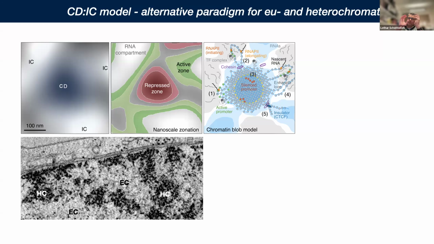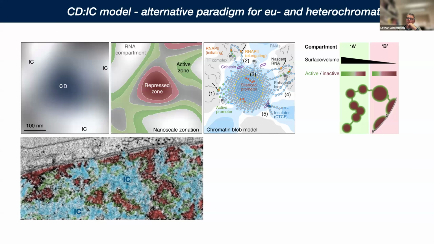Essentially what that implies is that instead of this dichotomy of euchromatin and heterochromatin, we should rather think of euchromatin as locating at the surfaces of domains, and the interchromatin as a distinct, separated functional compartment for RNA processing, and that this separation is functionally relevant.